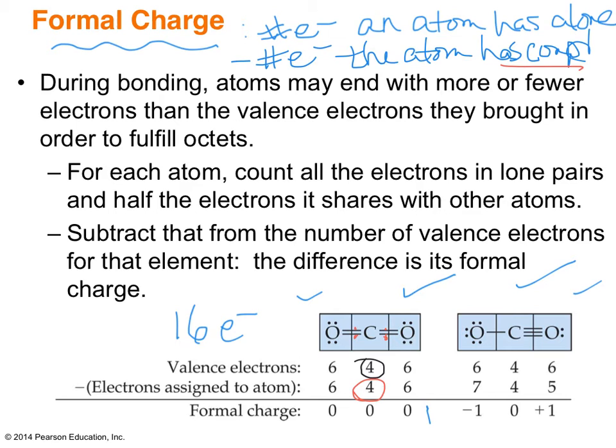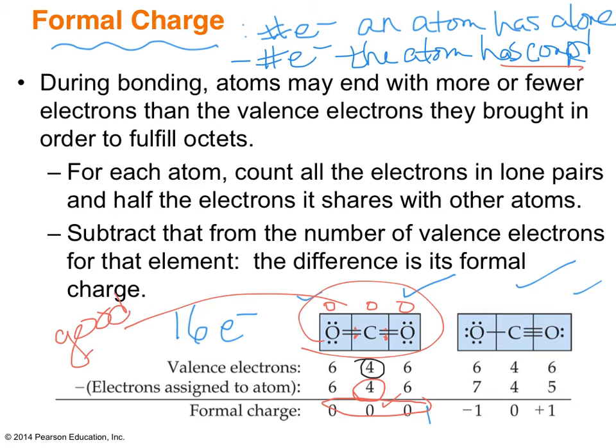So it has 4 when it's in this compound. So carbon also has a formal charge of 0. So the bottom line is all of the atoms in this structure of carbon dioxide have a formal charge of 0, which makes this a very good, stable Lewis dot structure.